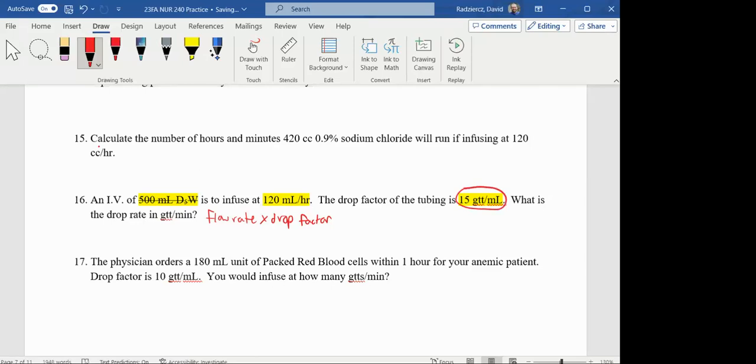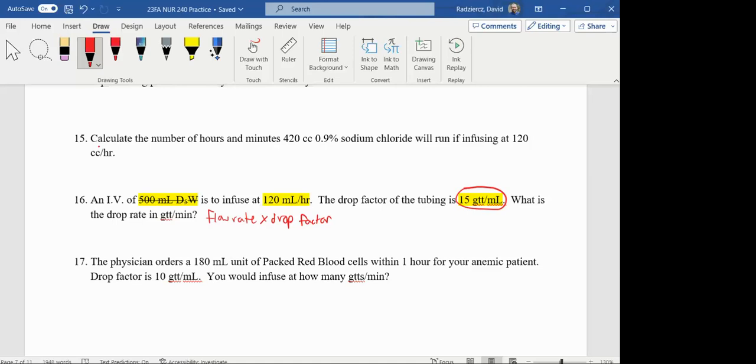It should always be given to you, but if you have ATI or NCLEX and it says something about microtubing, then the drop factor for that is 60 drops per milliliter. But other than that, it depends on the tubing, because it could be 5, 10, 15, 20, 25. It could be any number. It just depends on the actual tubing. And what that basically just tells you is how many drops equals 1 milliliter.